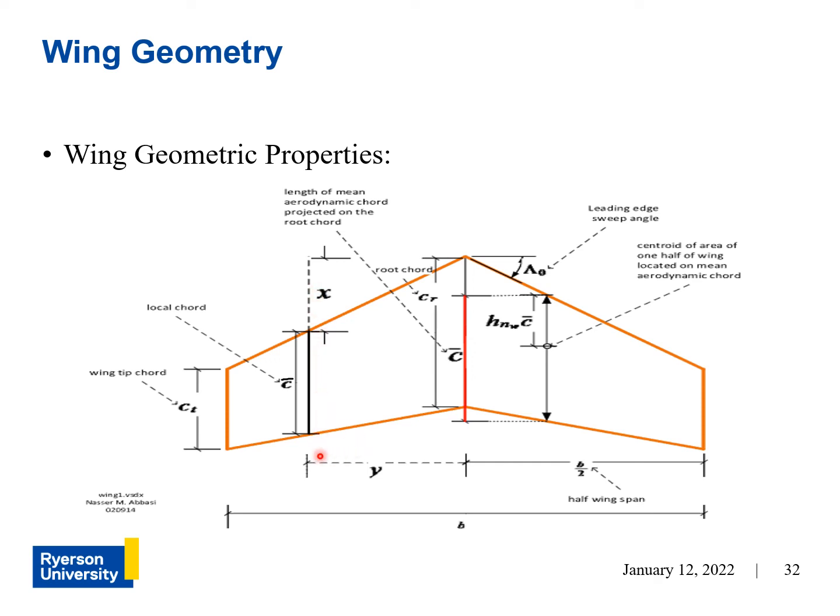And why is the mean aerodynamic chord important? Why do you want to consider it? The mean aerodynamic chord, which is located somewhere along the wing, it doesn't have to be here, but in this depiction, they put it here. It's a special location along the wing where all of the area of the wing seems to be at that chord. So what does that mean?